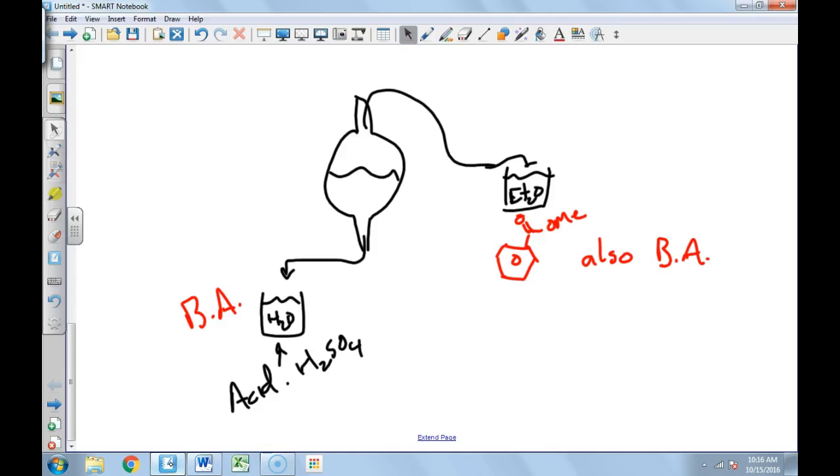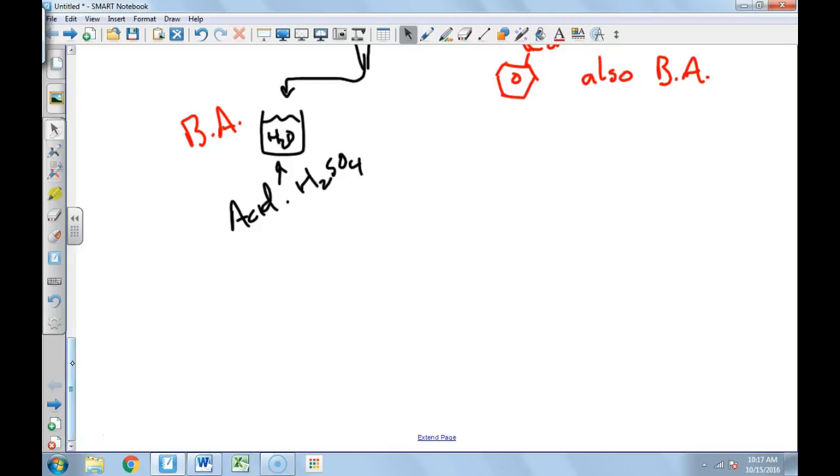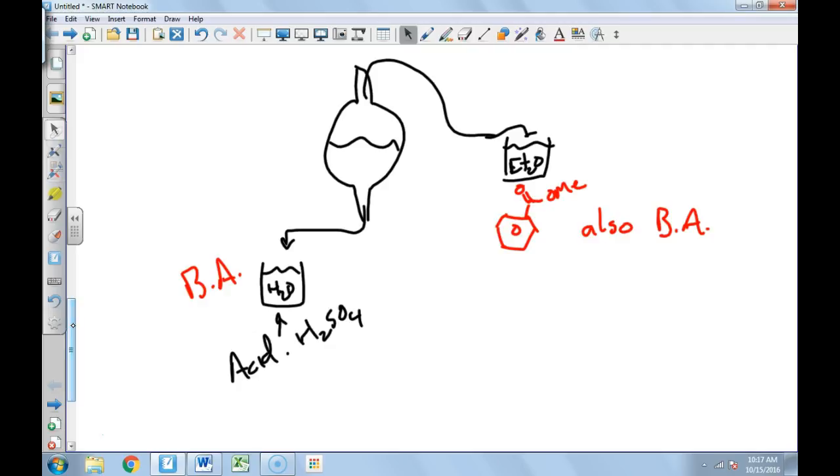It's funny that I'm using a flow chart, kind of a flow sheet, to do this, but you're going to take this ether layer, and this will be my blue one, and you're going to add base, sodium carbonate.